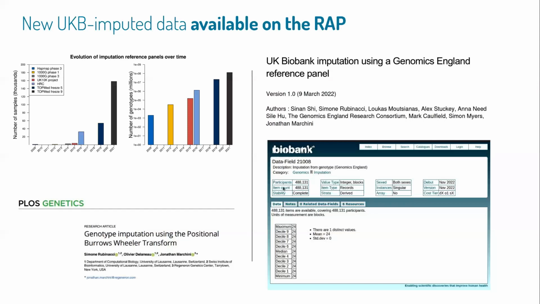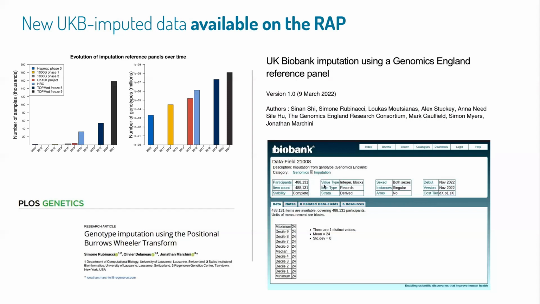We imputed all the 500,000 samples from the UK Biobank SNP array data, and the data is already available on the UK RAP. So if you're using imputed data, I recommend using this dataset.